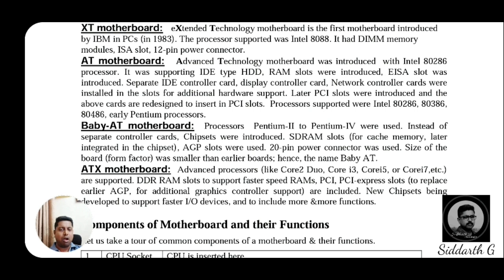All the previous 3 motherboards support some number of pins. Like that, the ATX motherboard supports 24-pin connectors. Remember, 24-pin connectors. That's why it is somewhat advanced than previous versions. So this is about types of motherboard.